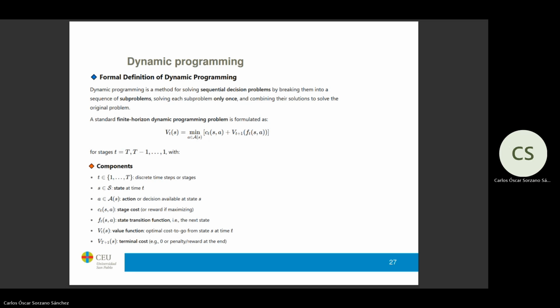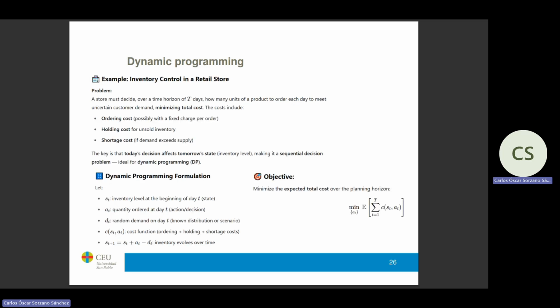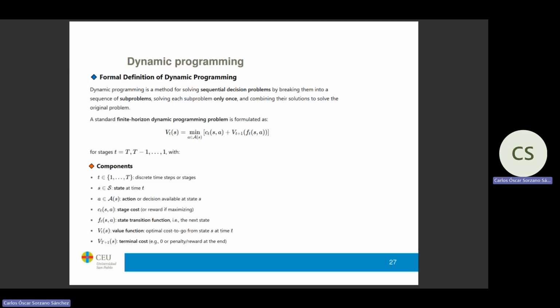So I am in this state and I take that action, and that will bring me to the next state. And we already know how to get to the next state: given this state, this action, and the demand today, I know how to go to the next state. That equation that we saw before gives me the state transition function. So in general, we have some state transition function.